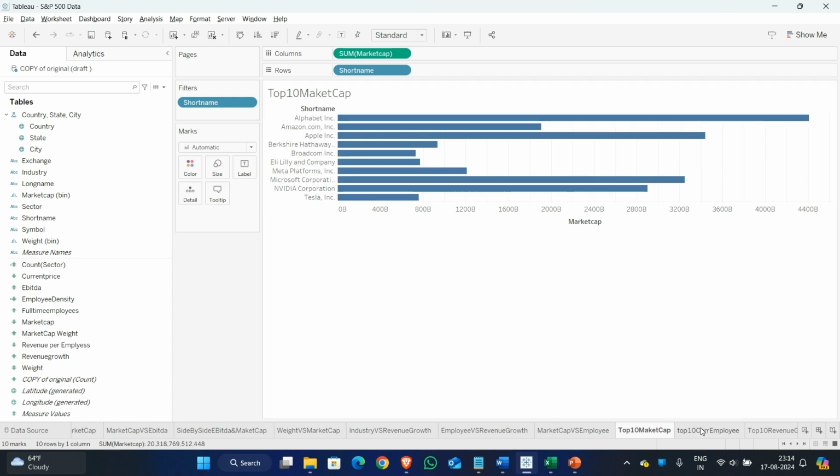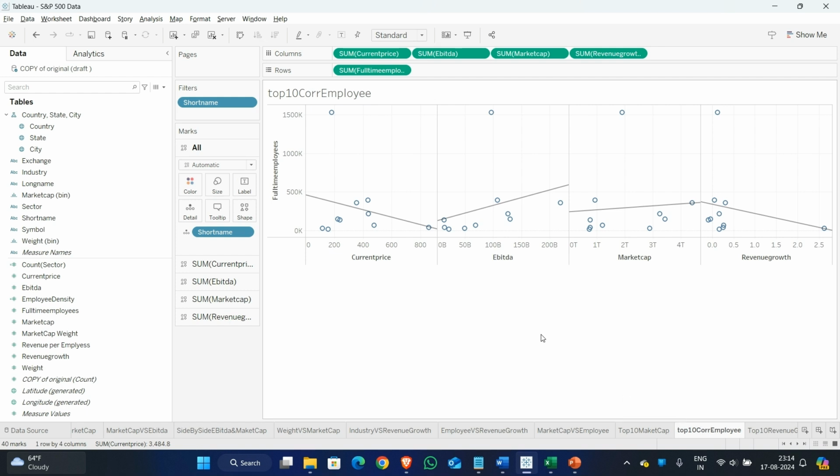Next, we move to the correlation with respect to full-time employees. The current price has a negative correlation, and for the earnings before interest and taxes, etc., it's positively correlated, and for the market cap, it is moderately correlated, whereas revenue growth, it is negative correlation.